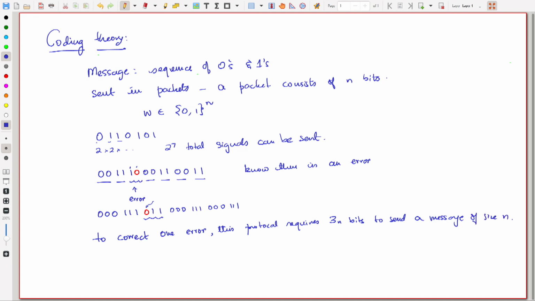So, that is sort of quite inefficient, and turns out that you can actually do much better.